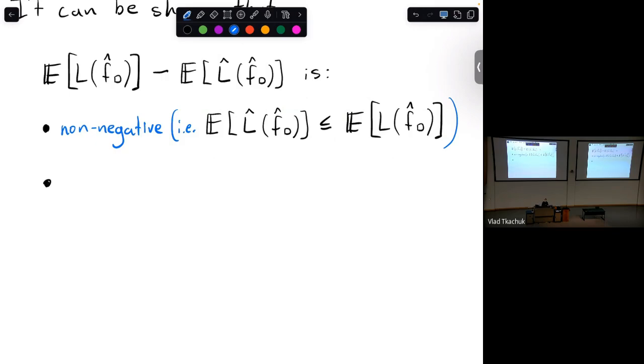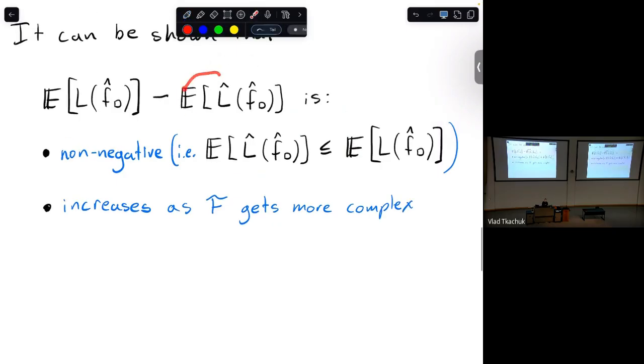So first of all, this difference will increase, so it gets larger. It increases as the function class gets more complex. Unfortunately, as we increase the degree of the polynomials, we get a more complex function class. And we saw that this term gets smaller and smaller, right? That was the plot we just saw at the end of the last one.